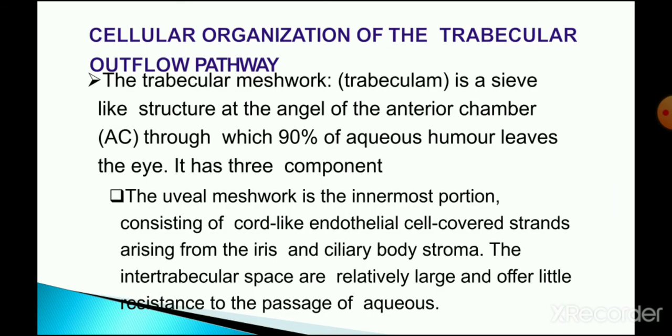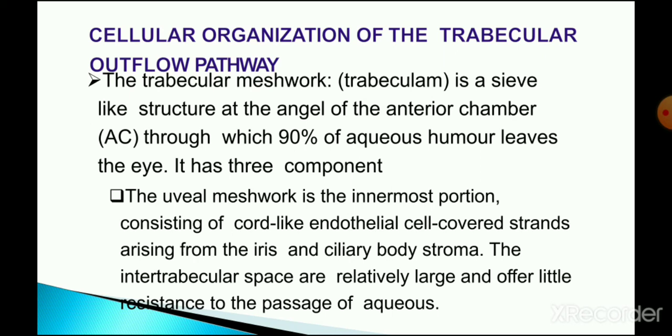Now the cellular organization of the trabecular outflow pathway. The trabecular meshwork or trabeculum is a sieve-like structure at the angle of the anterior chamber through which 90% of the aqueous humor leaves the eye. It has three components. The uveal meshwork is the innermost portion, consisting of cord-like endothelial cell-covered strands arising from the iris and the ciliary body stroma.